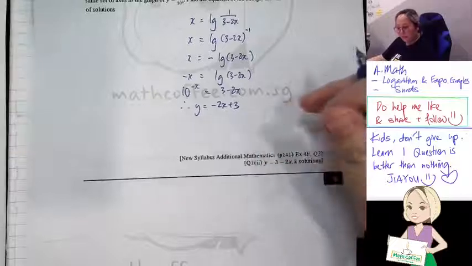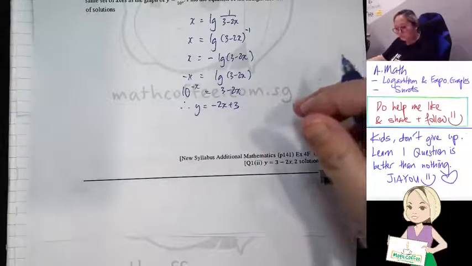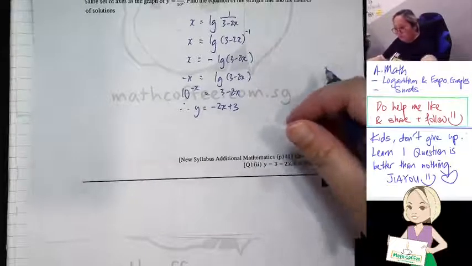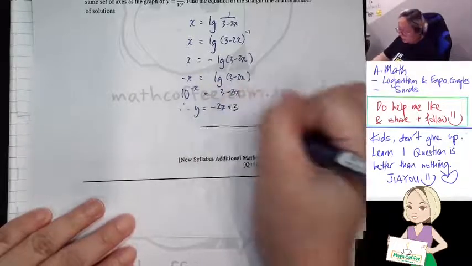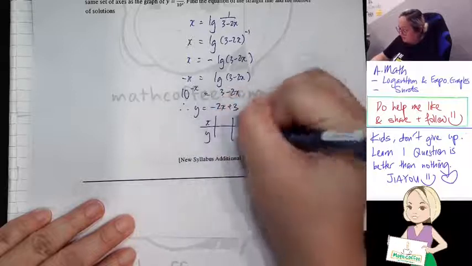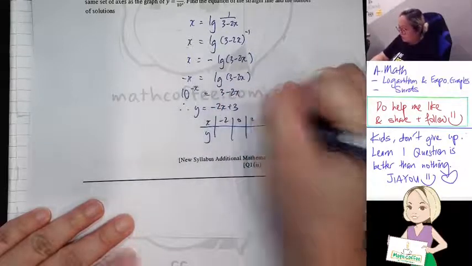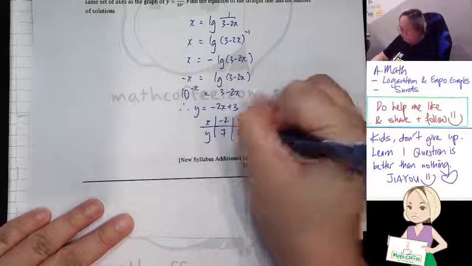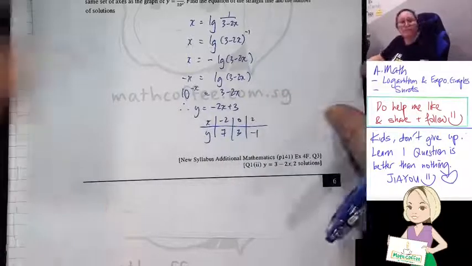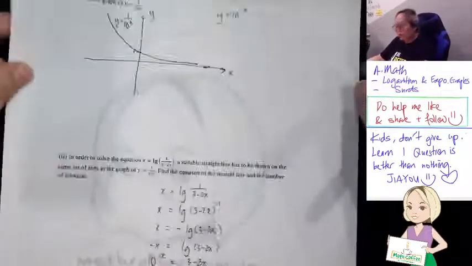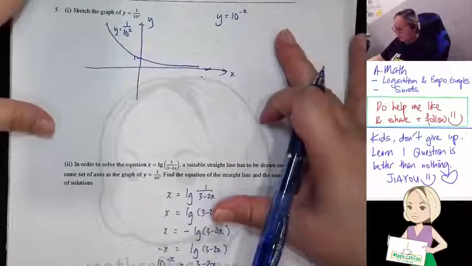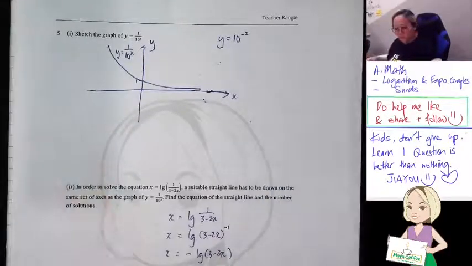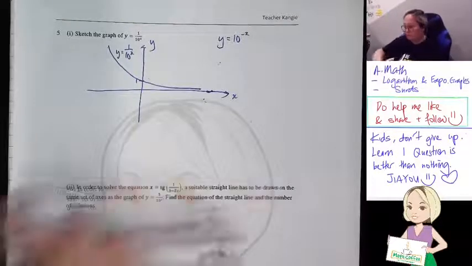Same thing, I'm going to plot the graph. Let me get my points. I will put in my favorite numbers, minus 2, 0, and 2. I get 7, 3, and negative 1. So let's go up and say minus 2 and 7. Where's my ruler?